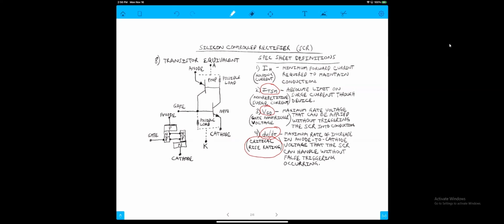There is a certain time, in other words, the amount of time it would take for current to flow through our anode to cathode and either conduct or not conduct. And we want to know what is the maximum rate of increase in that anode to cathode voltage.